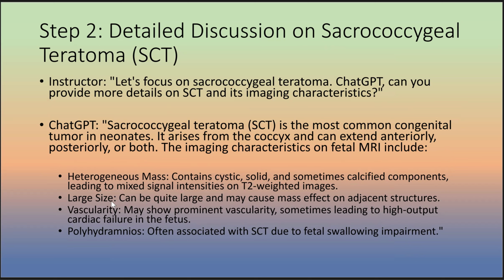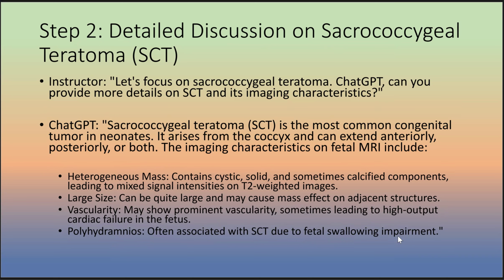Size can be quite large and may cause mass effect on the adjacent structures. Vascularity may be prominent, sometimes leading to high output cardiac failure in the fetus. Polyhydramnios is often associated with sacrococcygeal teratoma due to fetal swallowing impairment.